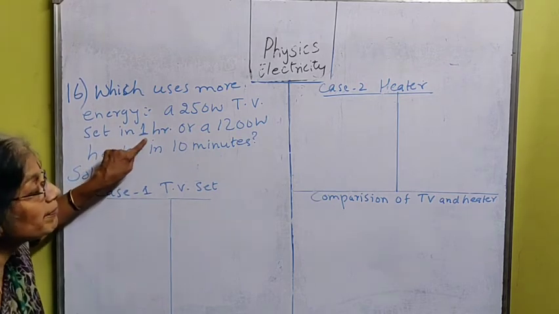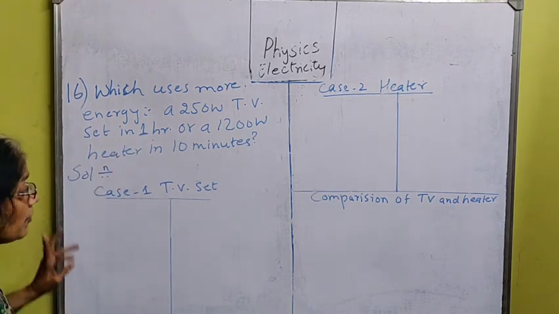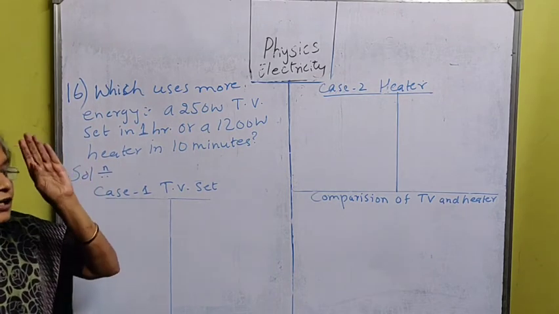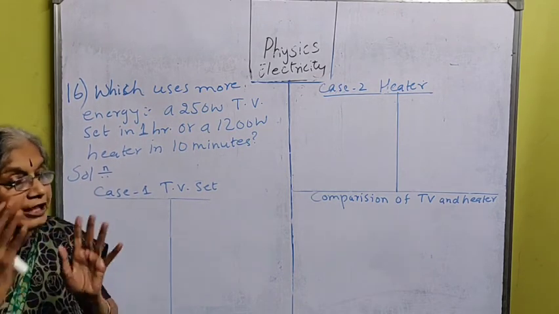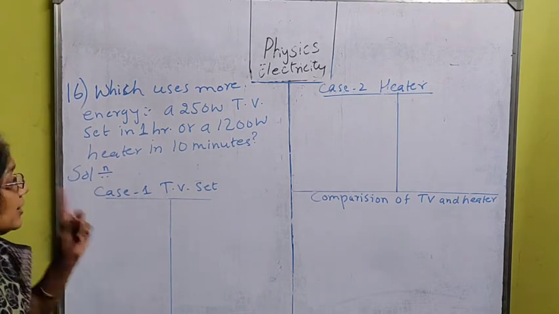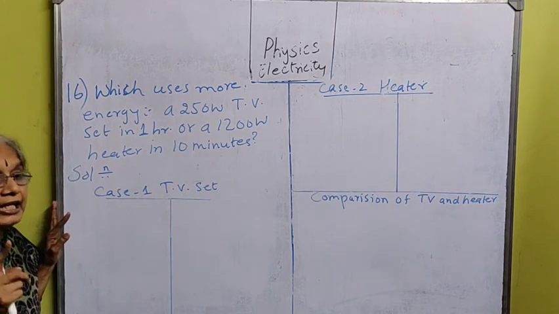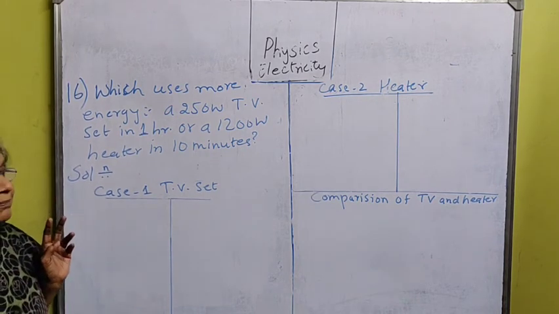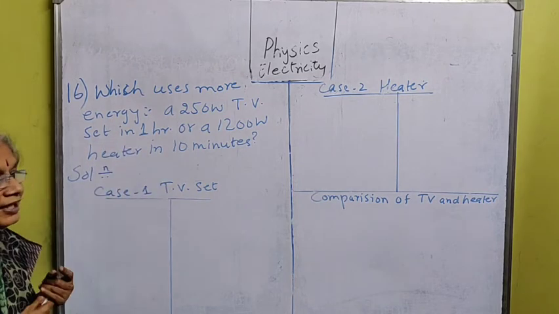So that is a very important thing. So when we are finding out the energy, the formula is power into time. Power will be in watt and time will be in second. Many times I will be telling you when solving the problem, unit should be same, then only you can multiply. So hour should be converted into seconds.